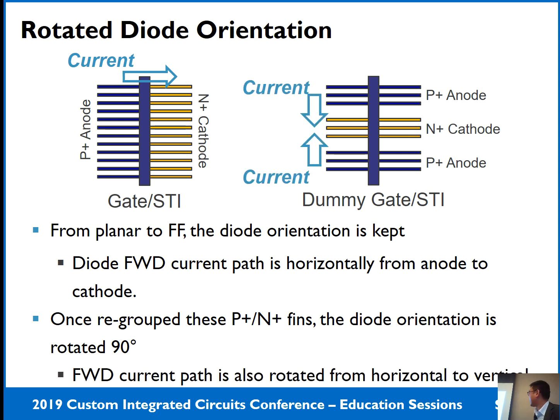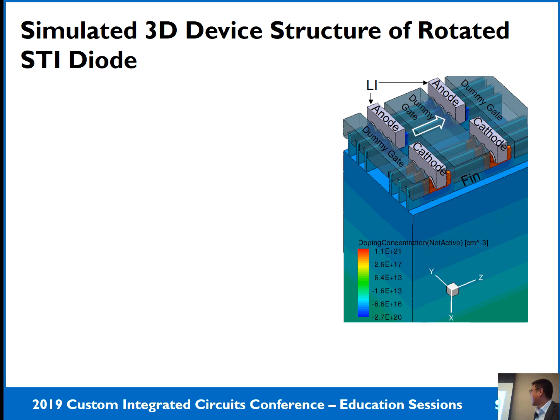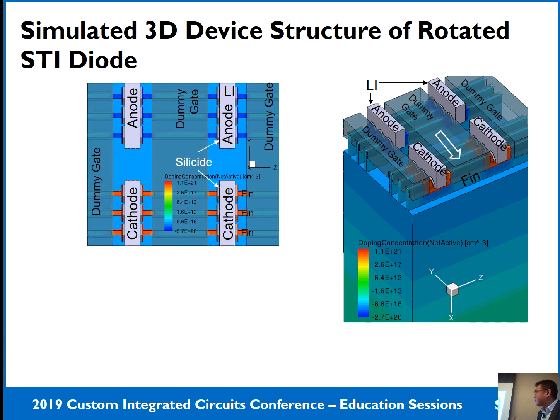So your current path is also rotated from the horizontal direction to the vertical direction. What's the benefit of changing the diode orientation, or current path, from along the fin structure to perpendicular to the fin structure? The 2D top view will give a simple explanation.